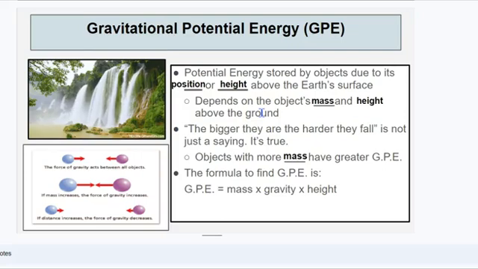Objects with more mass have greater gravitational potential energy. The formula to calculate gravitational potential energy is mass times gravity times height. Over here you will find a nice picture that demonstrates the force of attraction between all objects. That force of attraction is called gravitational energy.